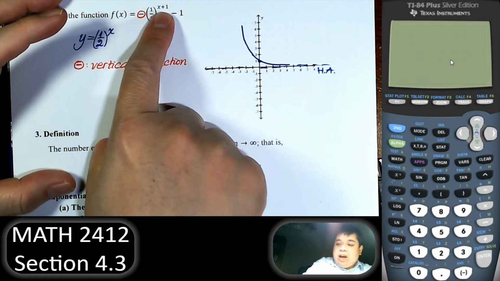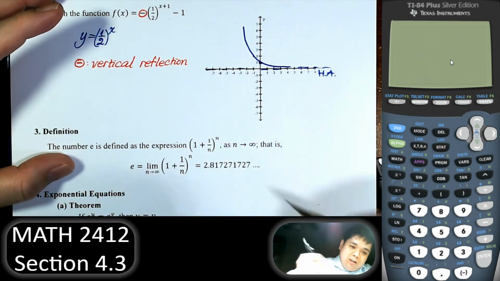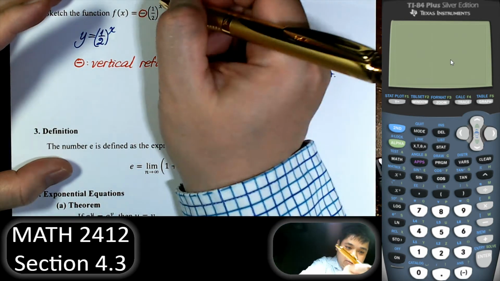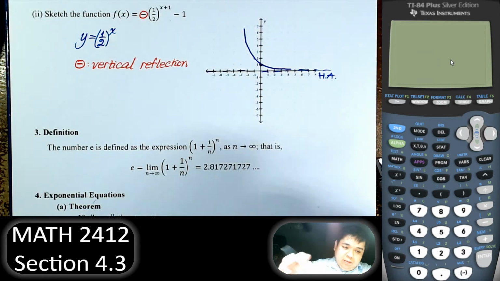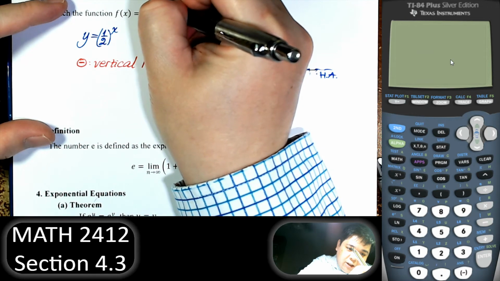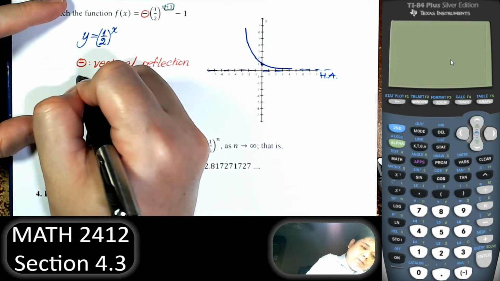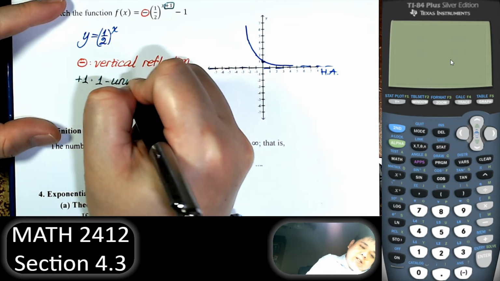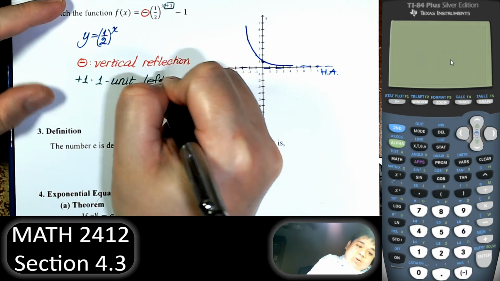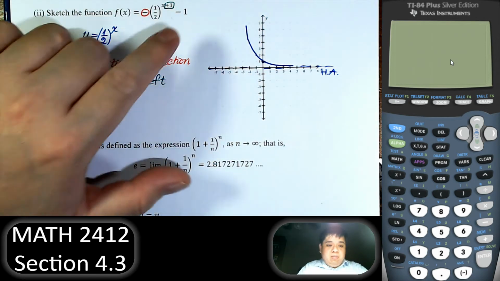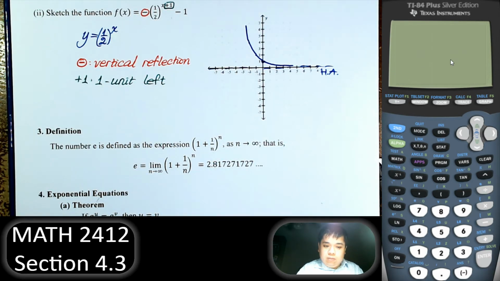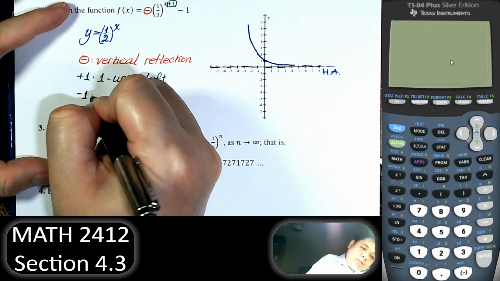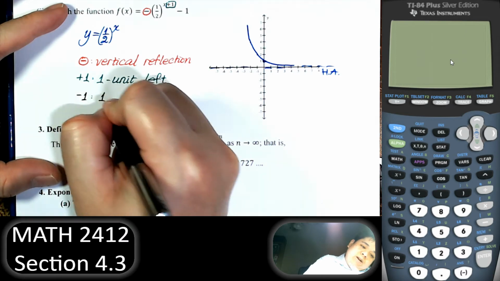But before that we have the +1. That is 1 unit to the left, because that's what we add to the x. And then the -1 here, which is 1 unit down.